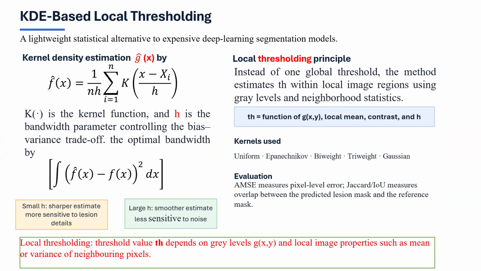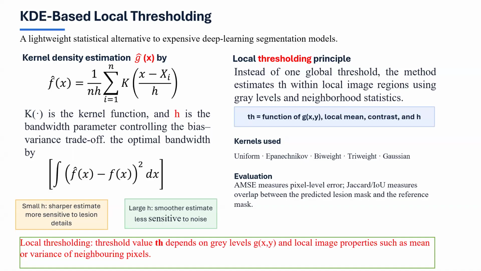Probability distribution functions as the best segmentation model for monkeypox lesions, using a lightweight alternative to UNet or any other deep learning method.